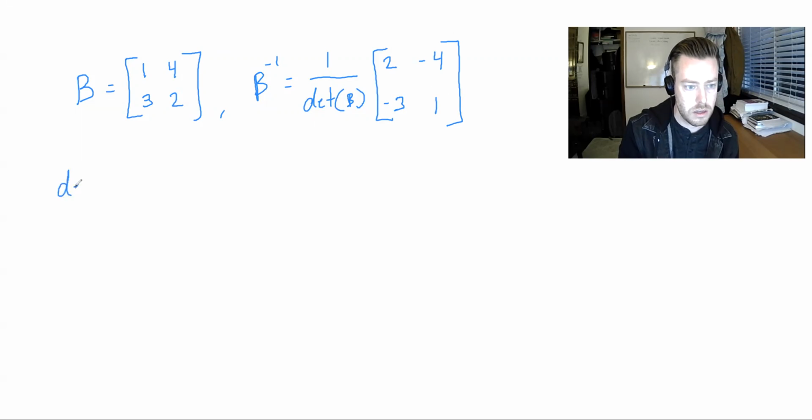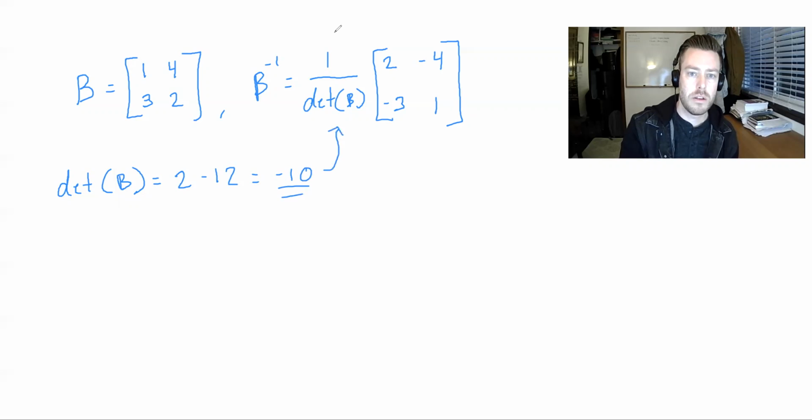So the determinant of B is equal to, remember, 1 times 2, which is just 2, subtract 3 times 4, which is just 12, which happens to be equal to -10, right? So we can plug this guy back up here. What does this give us?